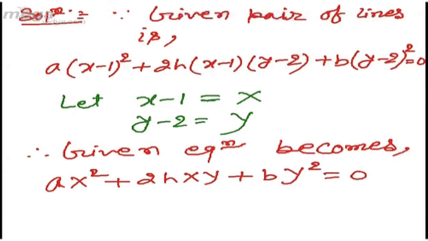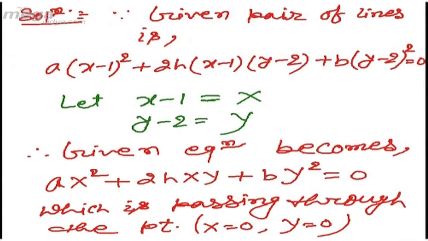Now this is a homogeneous equation of second degree. So this will represent a pair of straight lines passing through the origin, where X will be equal to 0 and Y will be equal to 0. So this line passes through the point 0, 0.